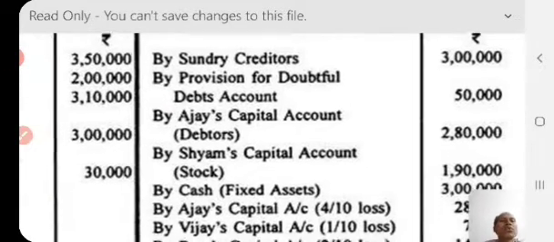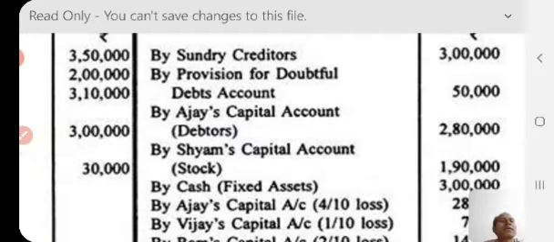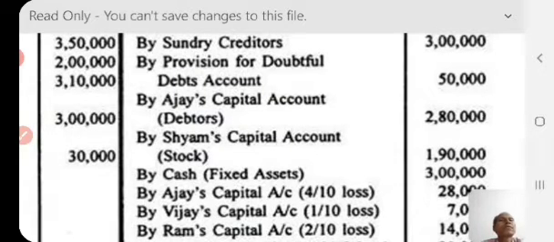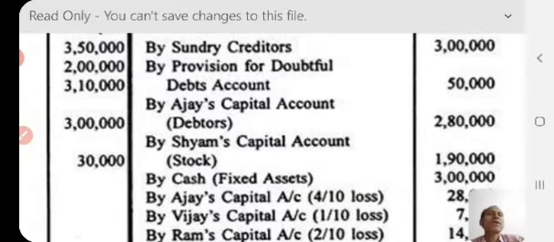What is the book value? 3,50,000 is the total book value, and 80% is 2,80,000. So debtors are taken by Ajay at 80%.